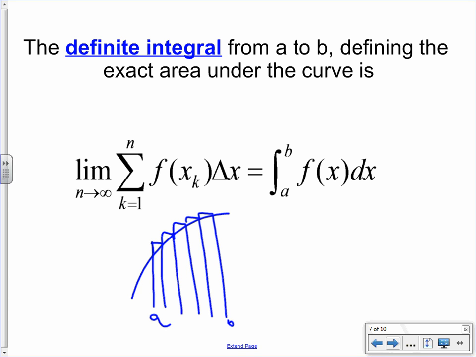So each of these values that we're going to plug in to find these infinitely many heights is going to be A plus k times delta x. Yes, you should write that down. It is important.